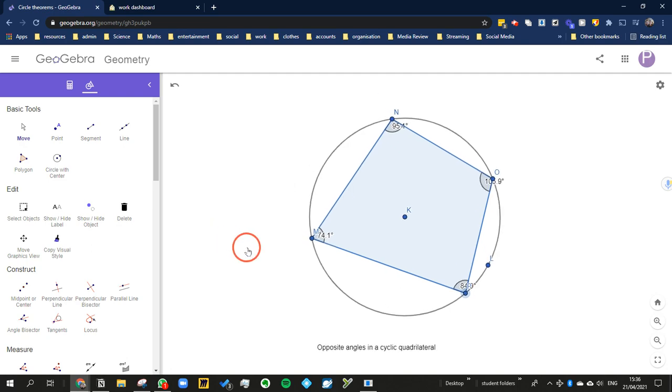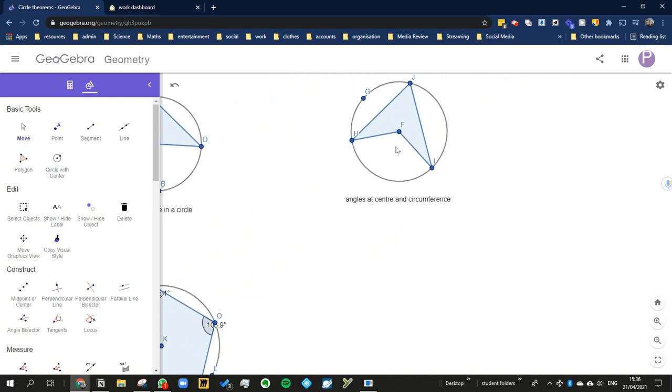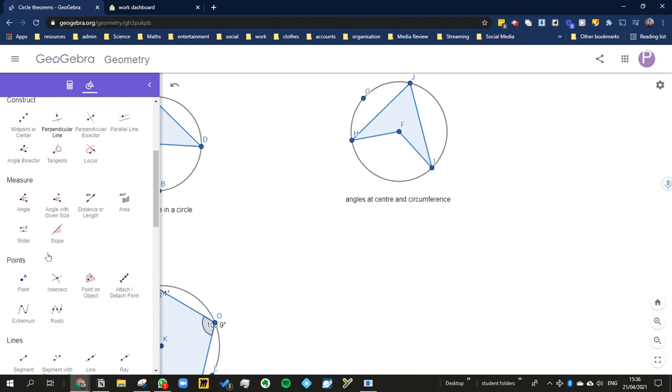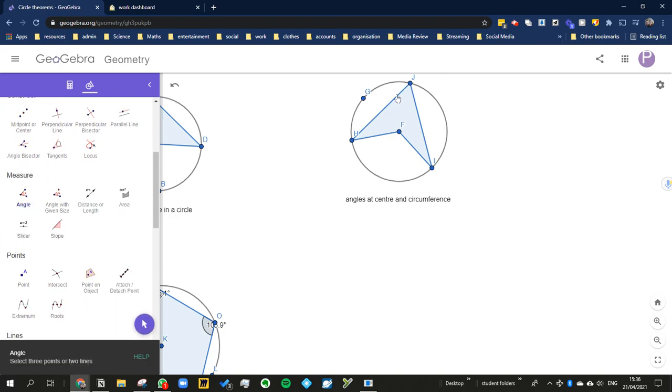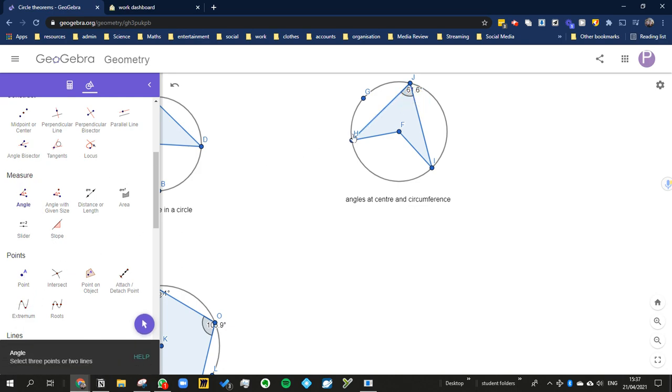I'm going to use a theorem which I've already proven from earlier on, which is that this angle is always equal to double that angle. So I will just demonstrate that by drawing an angle on it. Okay, that and that, and this line and this line.